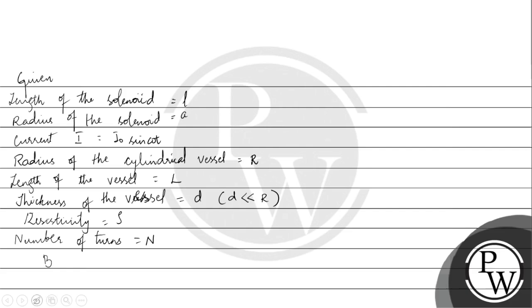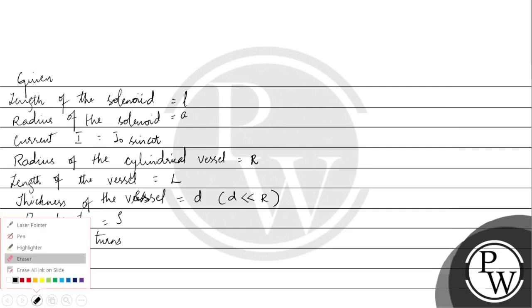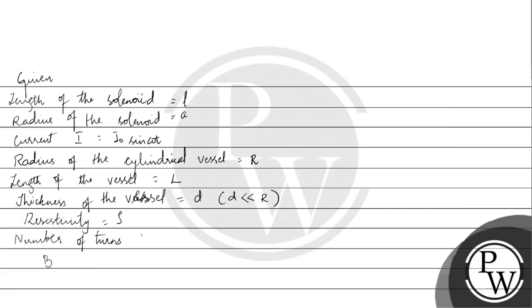Number of turns per unit length, that is capital N. So B, the magnetic field through the solenoid, is mu naught N into I.